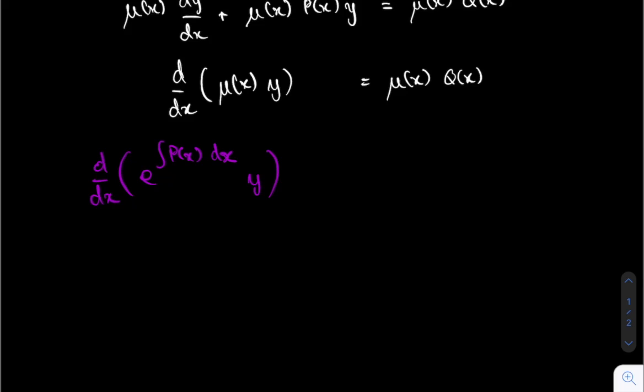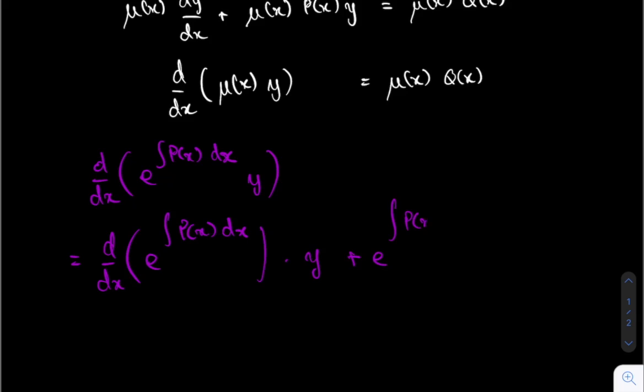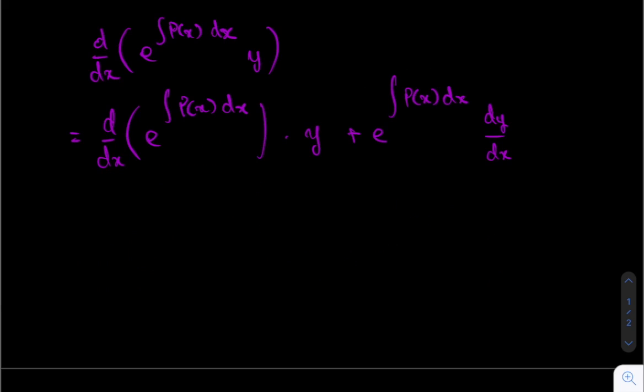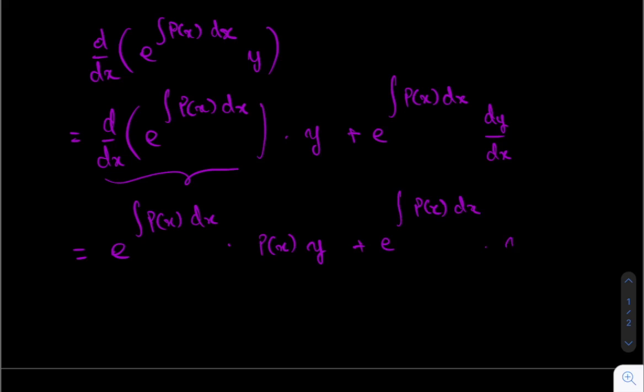That means the derivative of the first term times the second term, plus the first term times the derivative of the second term. We have d/dx of e to the integral of p of x dx times y, plus e to the integral of p of x dx times dy/dx. Using the chain rule for the first term, you will arrive at e to the power integral of p of x dx times p of x times y, plus e to the integral of p of x dx times dy/dx.